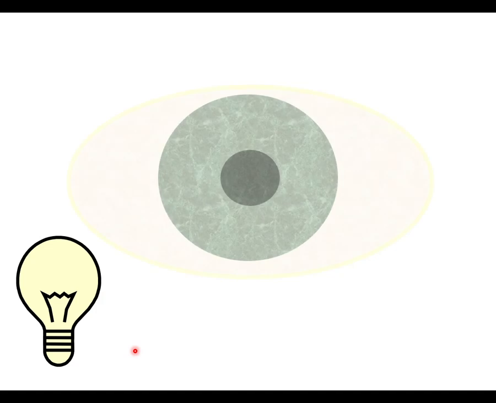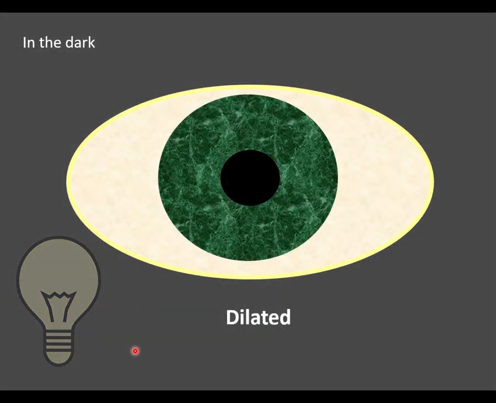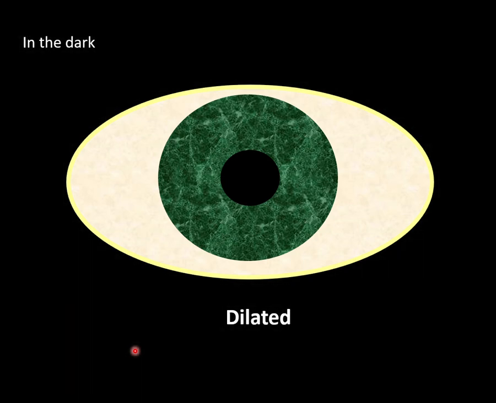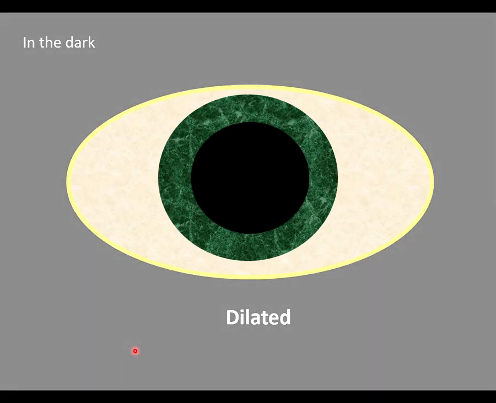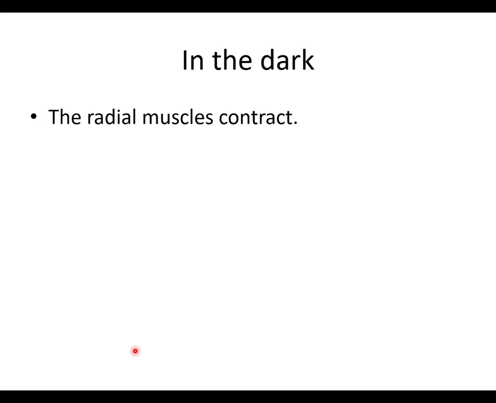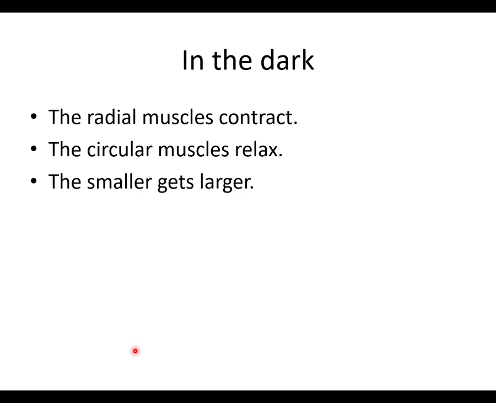We go into the dark. What happens now is those radial muscles are going to contract and the circular muscles are going to relax, and that's going to enlarge the pupil. The pupil is now said to be dilated. So, in the dark, the radial muscles contract, the circular muscles relax, the iris gets smaller and the pupil gets larger.